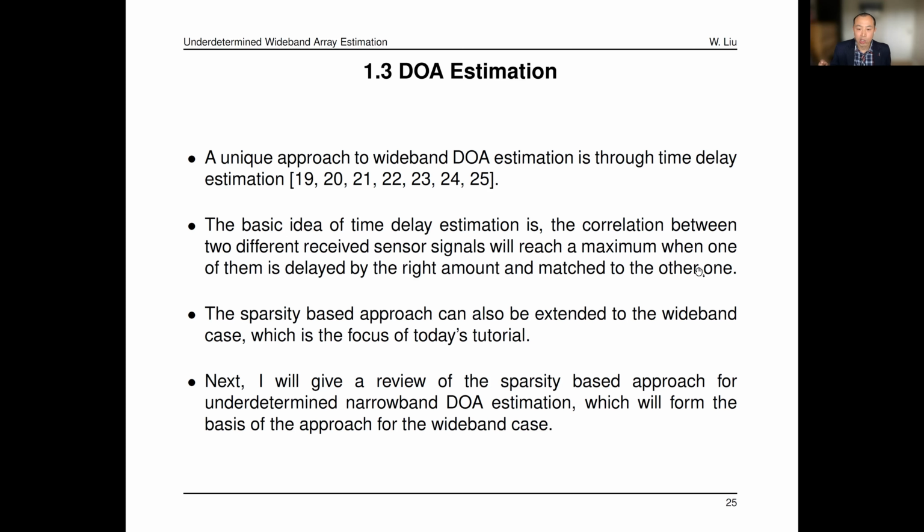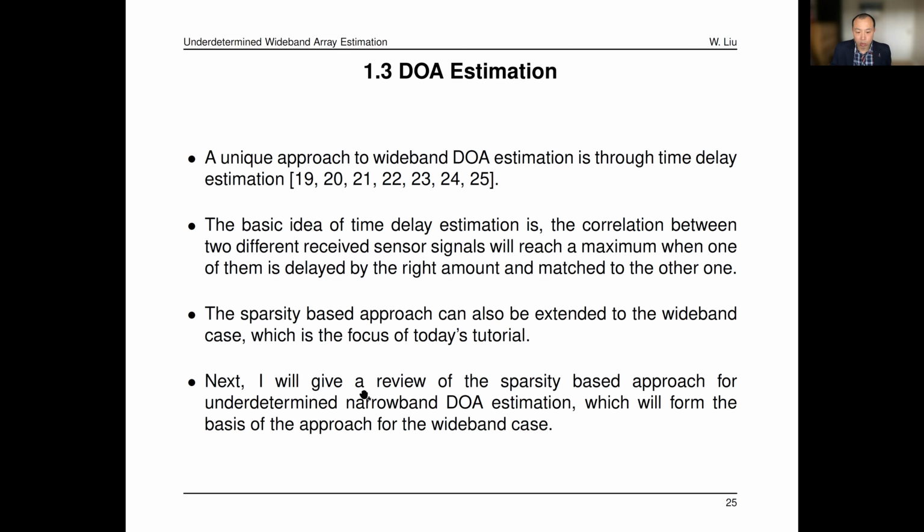So you delay one of the sensor signals bit by bit and calculate the correlation. When they are matched, you get the maximum correlation, a peak. And we can also use a sparsity-based approach. The sparsity-based approach for the narrowband case can also be extended to the wideband one, which is the focus of today's tutorial.